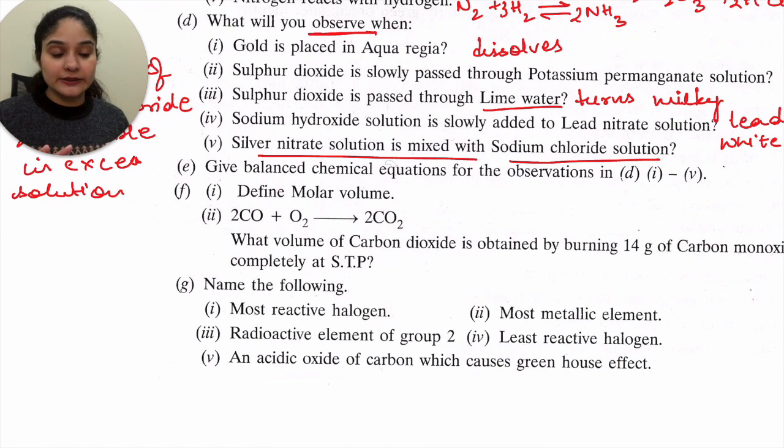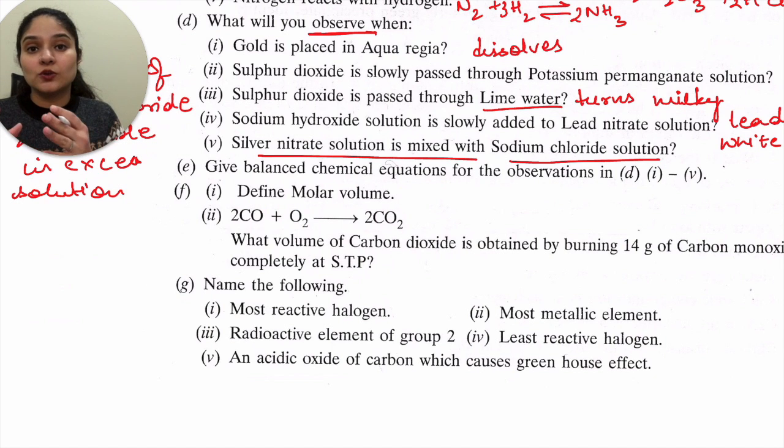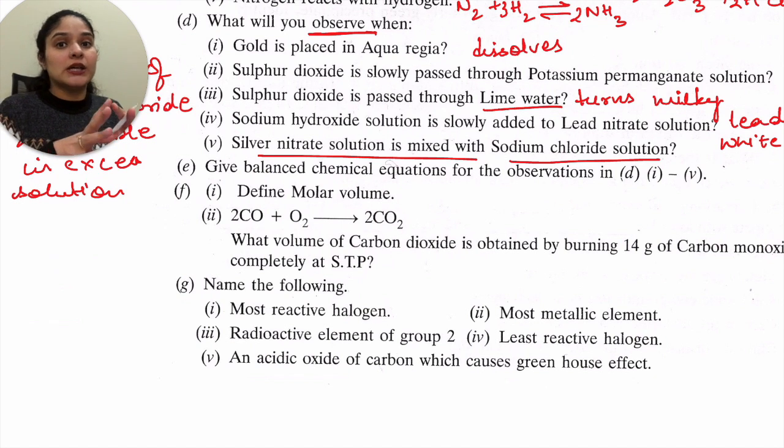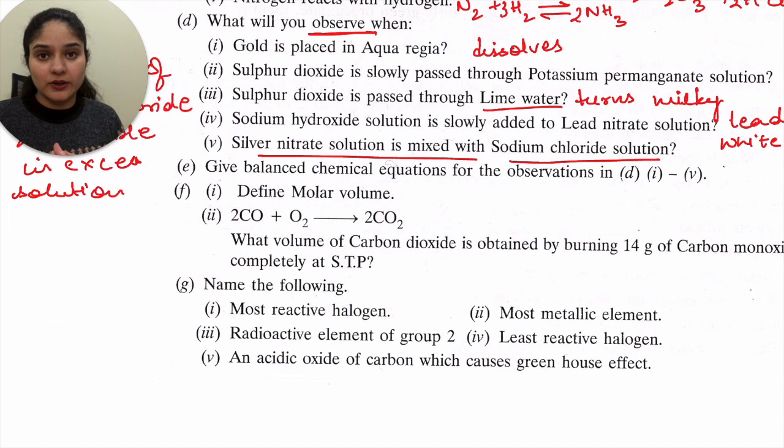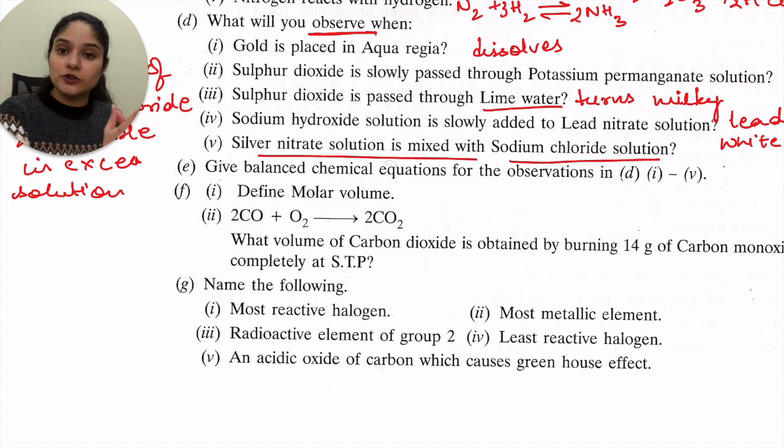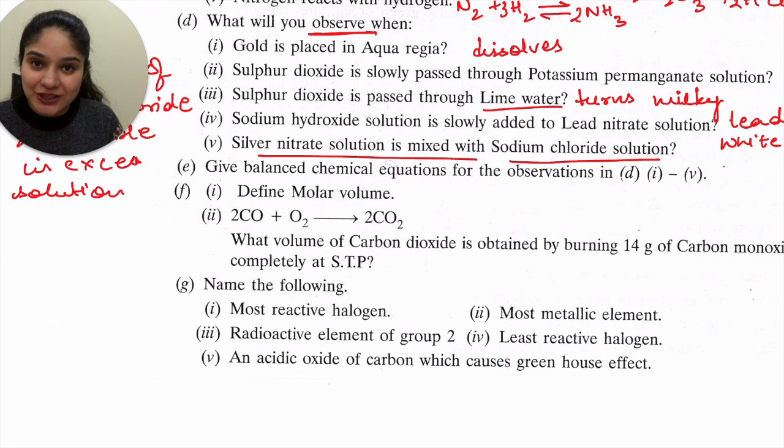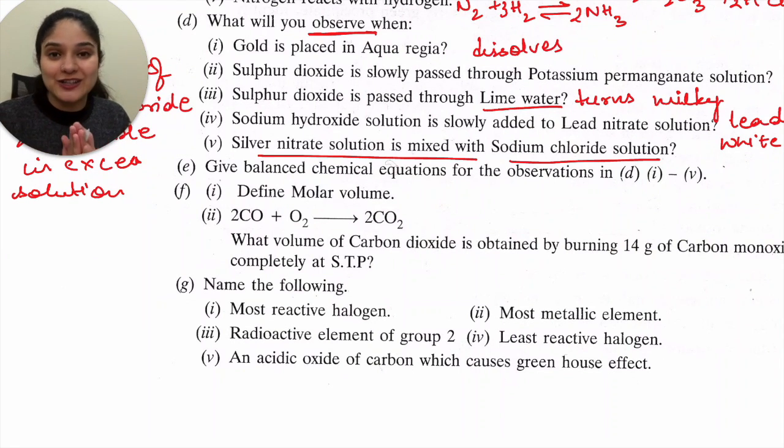So this nascent chlorine, you can imagine it to be like a free active chlorine in the solution, and since it is highly reactive, it is able to react with gold and platinum and silver. So any non-reactive metals that we know of, it is easily able to dissolve those. And this comes by the combination of 3:1 of HCl and HNO3.